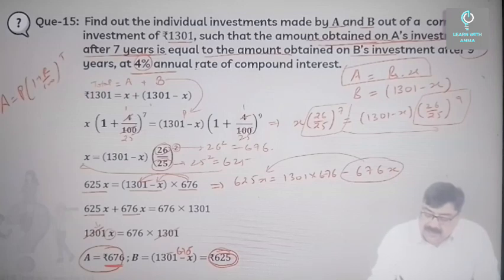So we needed to find out the individual investments. These two might be given to you amongst the choices. So I don't deny there could be a question wherein you need to calculate. But still, wherever you can save time, please make sure that you do.